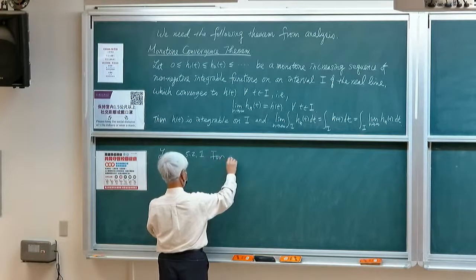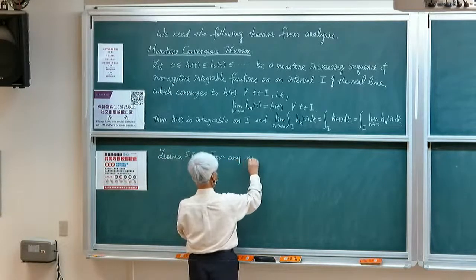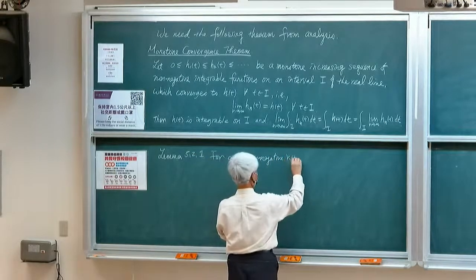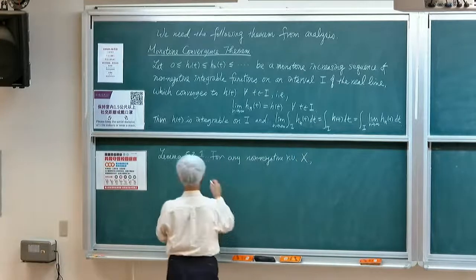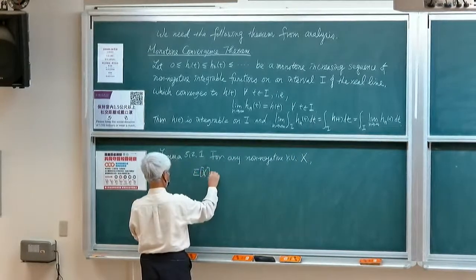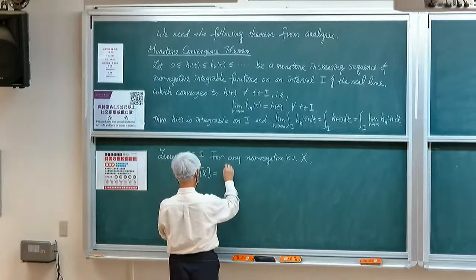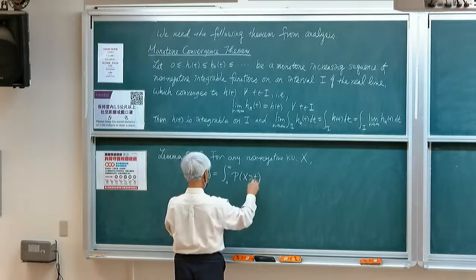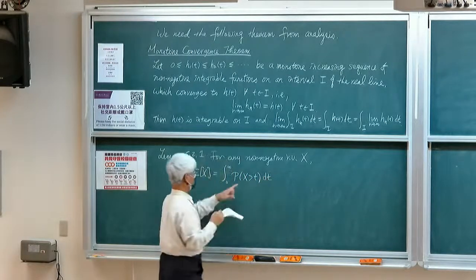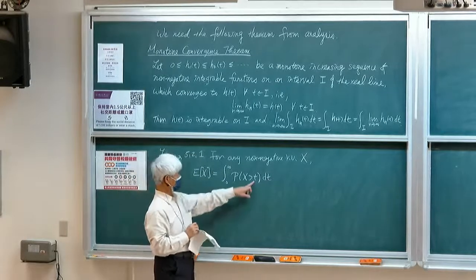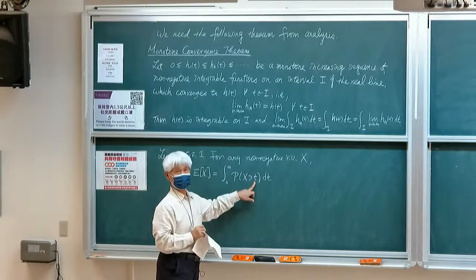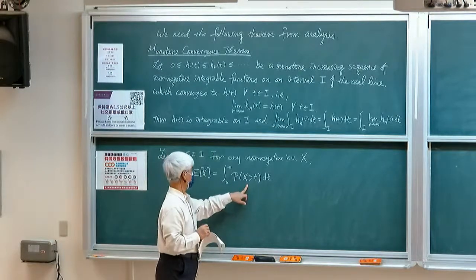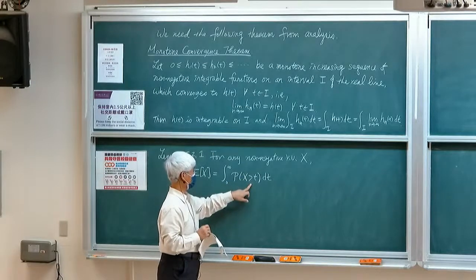For any non-negative random variable X, the expectation of X can be expressed by this integral, and the integrand is a function of t, which is just the probability of the event that the random variable X is greater than t.